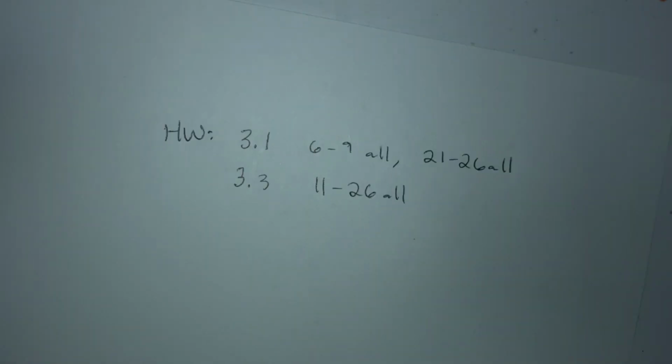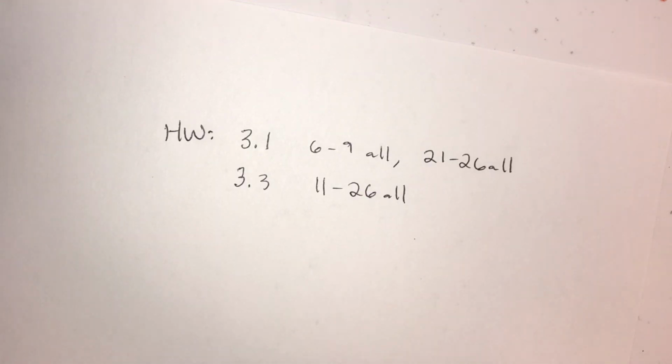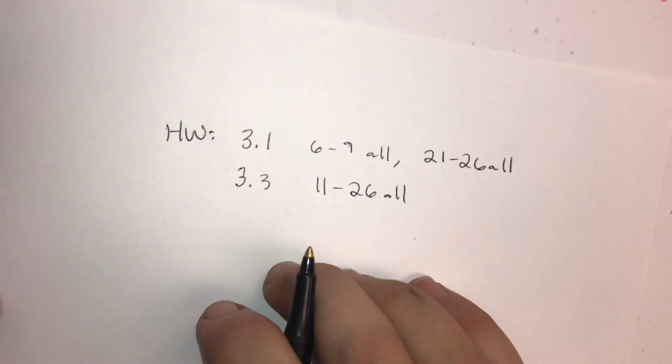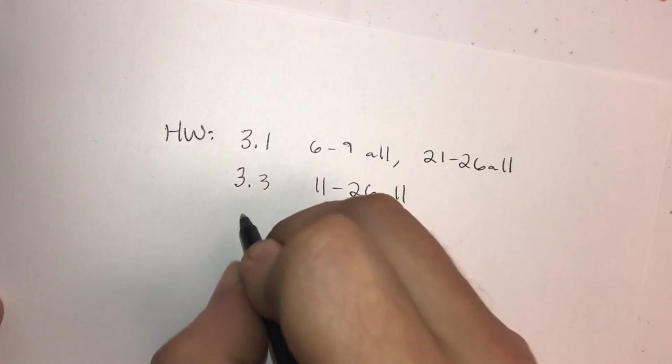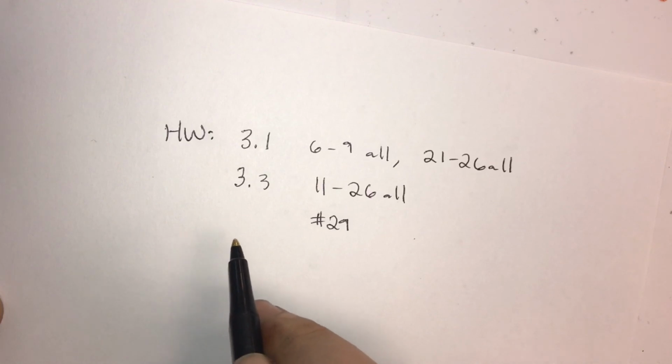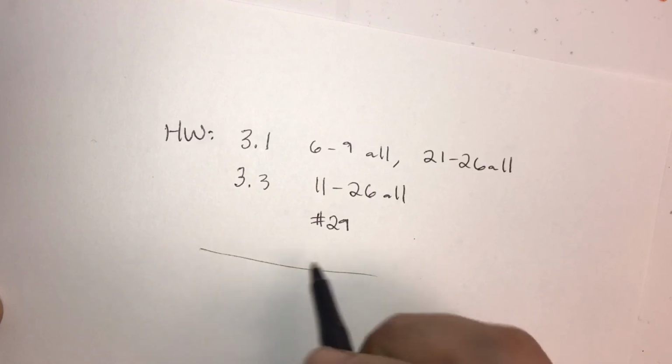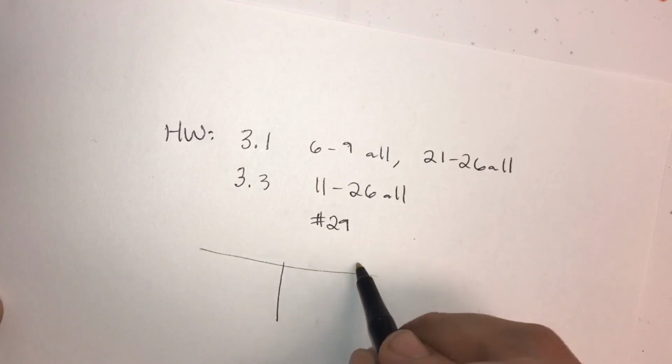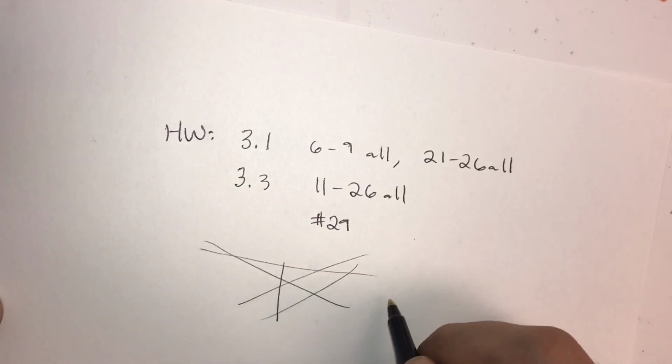This seems like a lot of problems, but that's mostly just identifying stuff. And then I would also like you to do number 29 from 3.3, but instead of using a 2-column proof like they ask, I want you to try to do it using synthetic geometry.